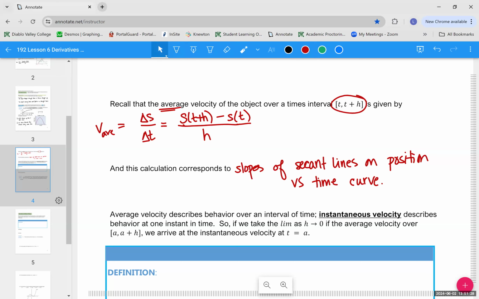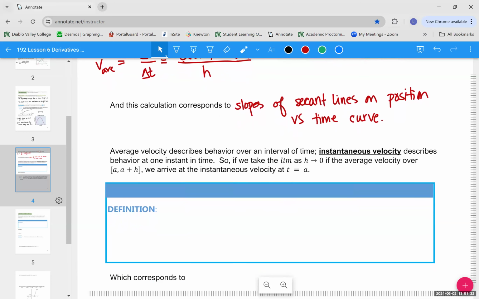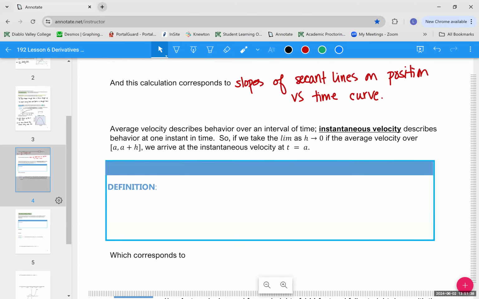And so we kind of realized, oh, average velocity and secant line slopes are the same. So guess what? Instantaneous velocity and tangent line slopes are going to be the same. So that average velocity is describing behavior over an interval. But if we want the instantaneous velocity at one instant, then what are we going to do?